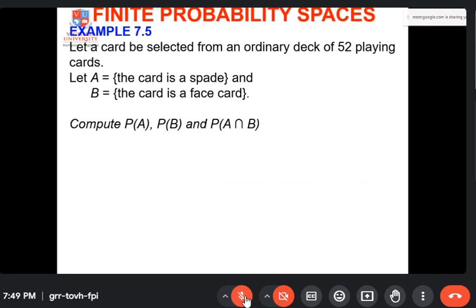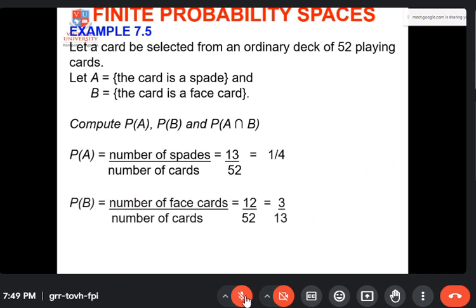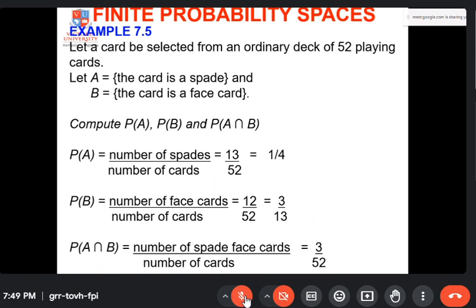Very good. So those are the answers we have. The first was 13 out of 52 because we have 13 spades over the total number of cards, which is 52. That gives us 1/4. Then the probability of B, the first cards, we said they are 12 out of 52, and that gives us 3/13.